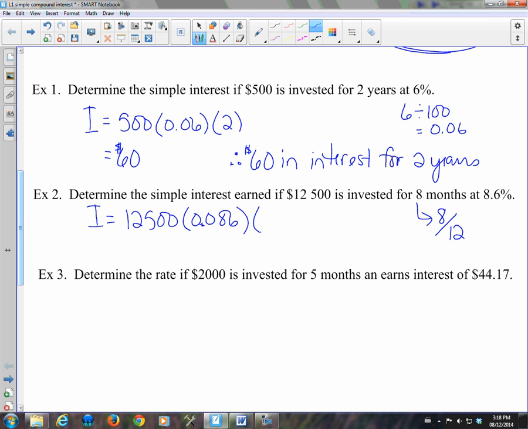So the time I have to use in my formula is 8 divided by 12 because it's not a whole year that it's invested for. And then I do my 12,500 times 0.086 times 8 over 12. So we have about $716.67. Therefore, $716.67 in interest.